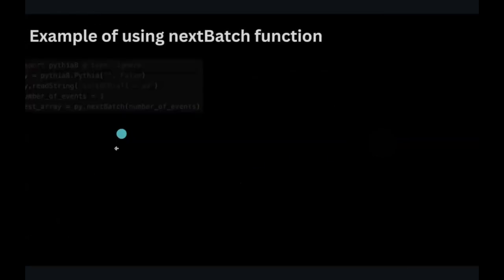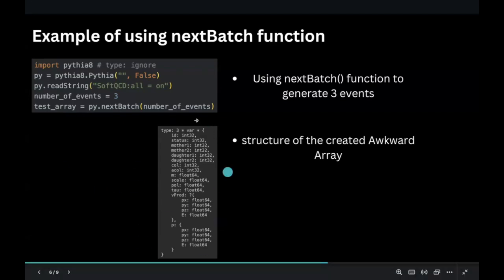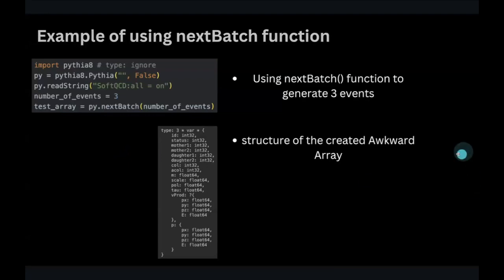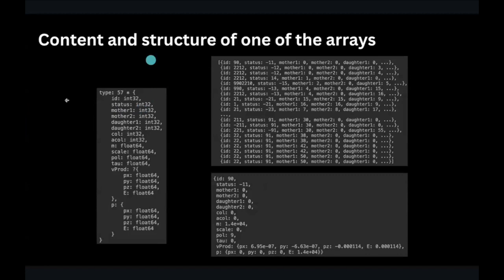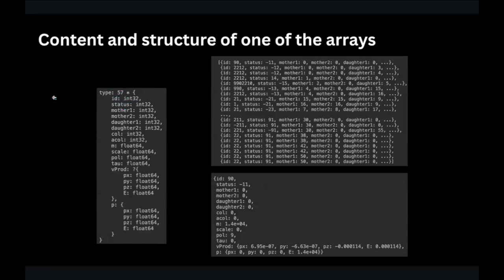It looks like this. Here is a simple Pythia initialization where we are telling the next batch function to generate 3 different events, and it generates an awkward structure with 3 events. Here is a detailed example of one of the events, which consists of 57 particles.